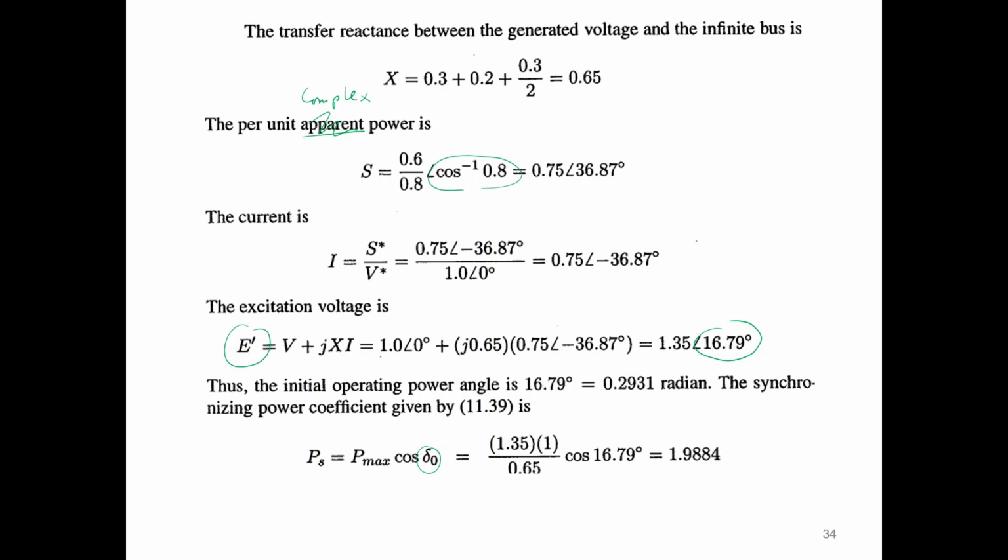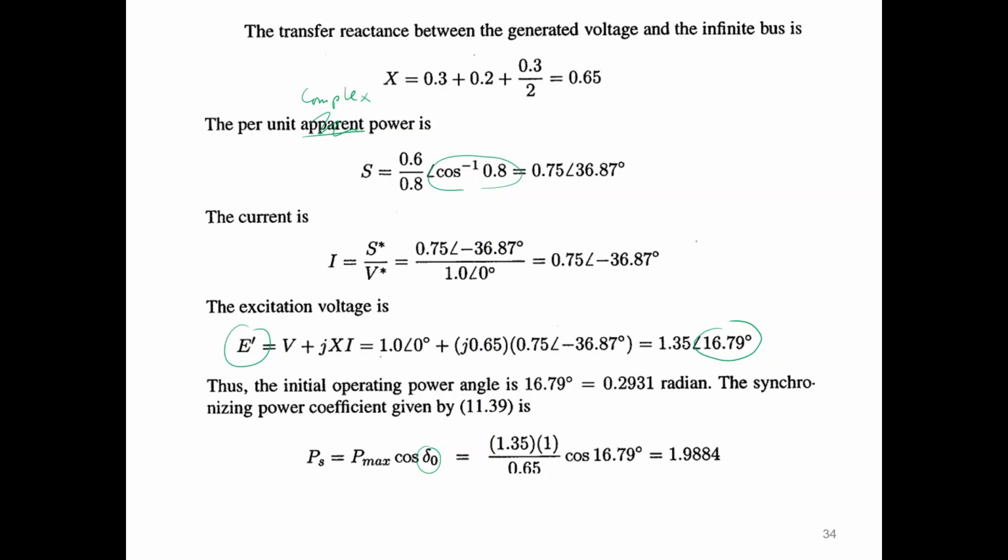Okay, we supply the power from the machine, now it is the internal EMF, to the infinite bus itself. So we find E times V. E is 1.35, V is 1 per unit, divided by the transfer reactance between these two points, E and V, which is the sum of all the reactances.